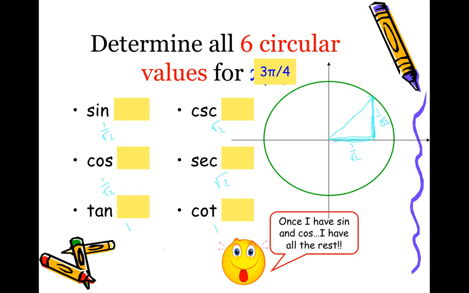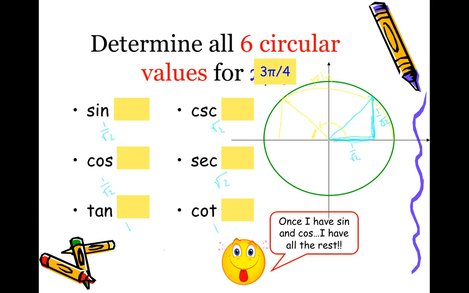When we look at it as 3 pi over 4, that's 3/4 of a semicircle, the same thing as that 135. So from here to here is 3 pi over 4. My reference angle is still the pi over 4 right here.